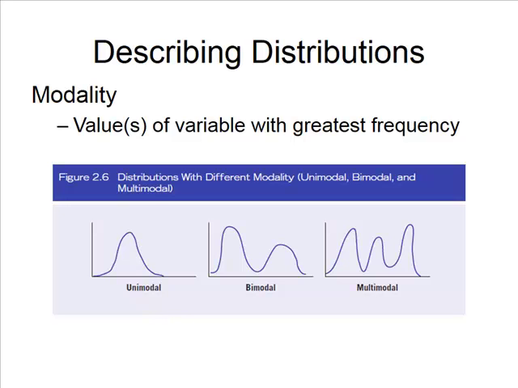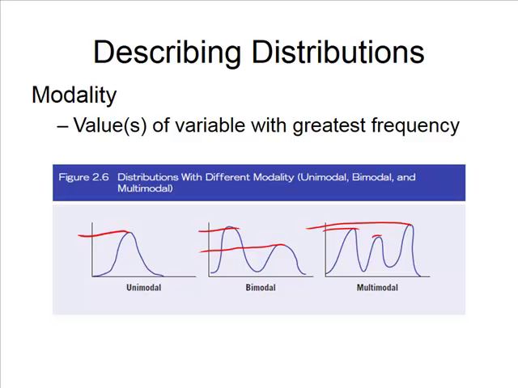But when you look at your data in terms of the distribution, you can get extra information out of it. One is the modality. So which one happens most? Well, the one that happens most are these peaks here. So if something is unimodal, it has one peak.